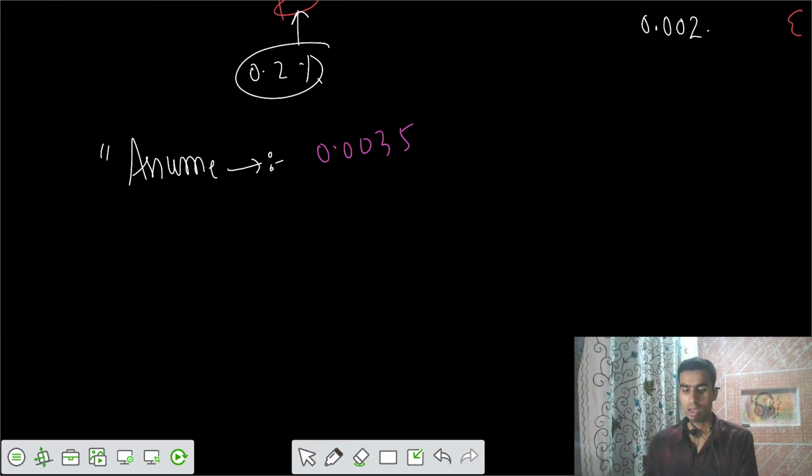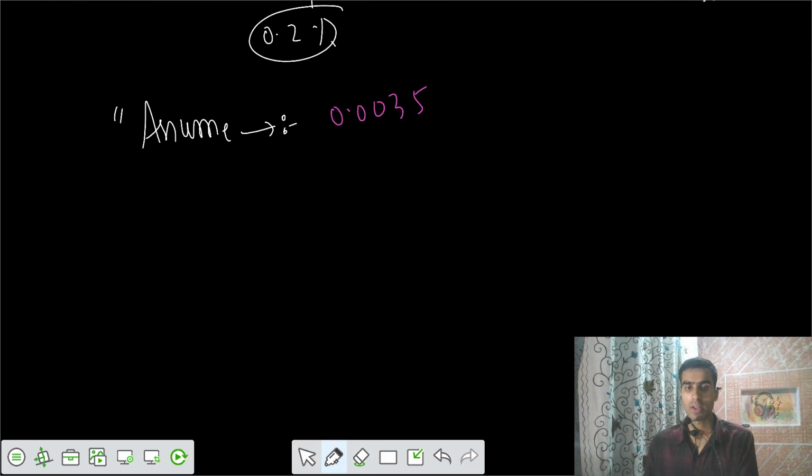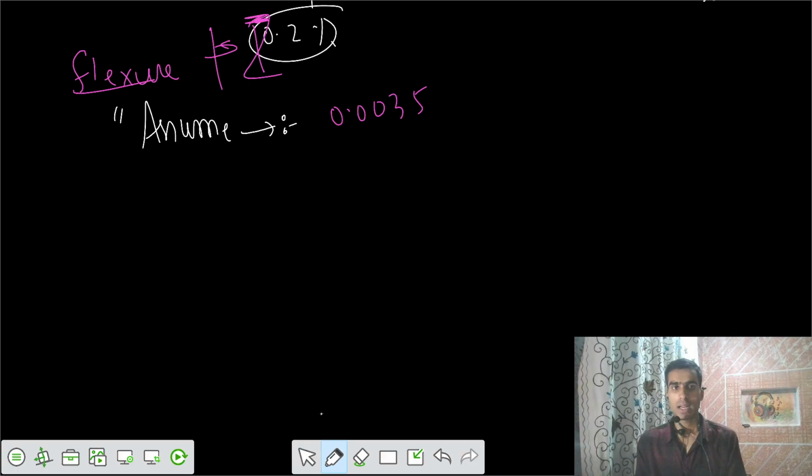That means in flexure, that is, when applying bending moment, because of which we have tensile and compressive sides, the strain in the concrete should be 0.0035 for the crushing of the concrete to happen.